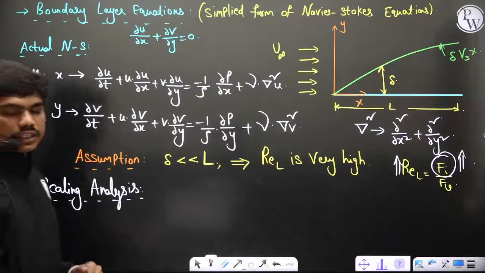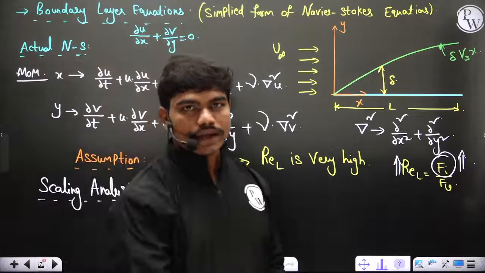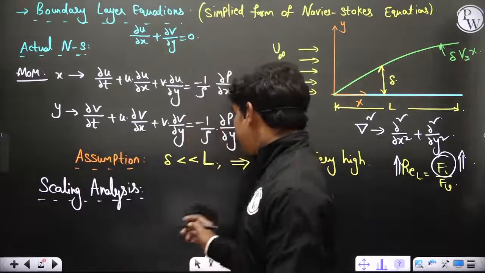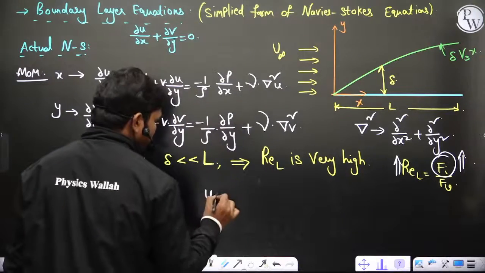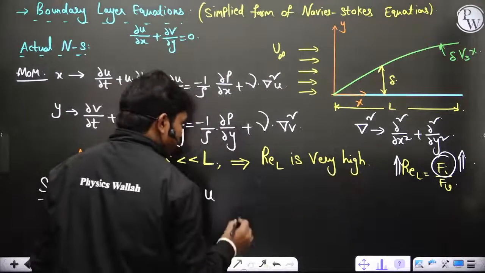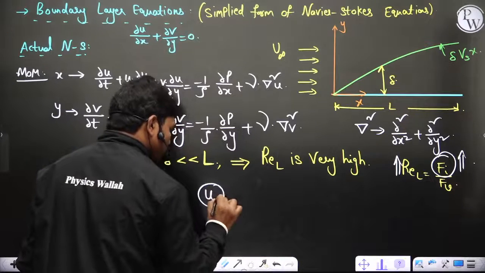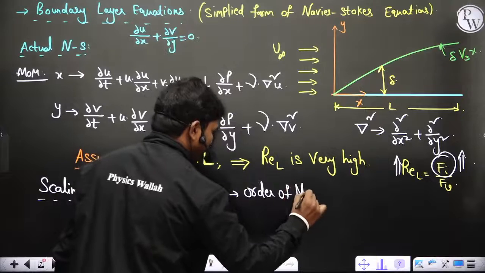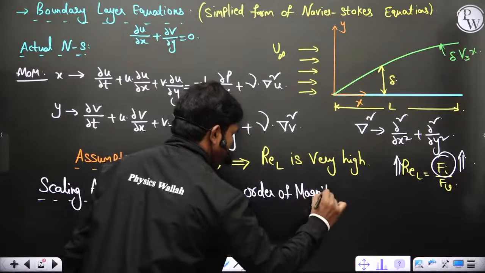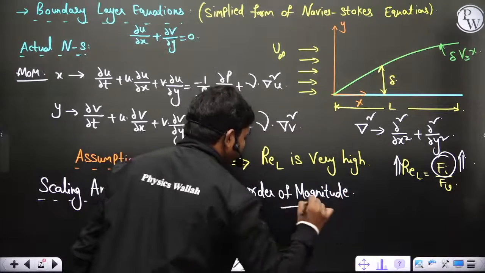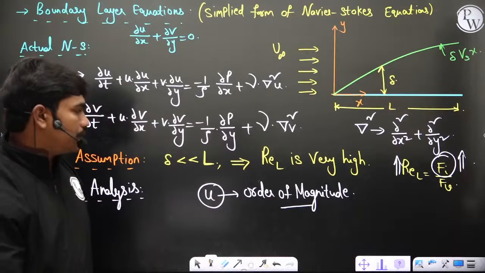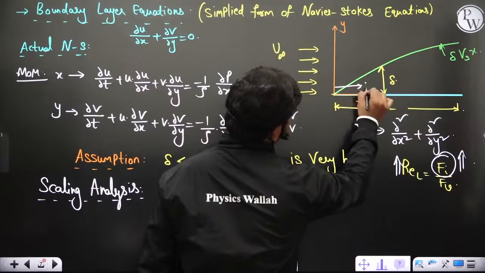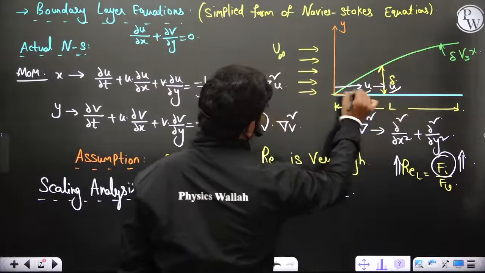Scaling analysis. So what is this scaling analysis? Okay. So scaling is basically that. Let us suppose I have a value u, for example. Then we can talk about the order of magnitude of this. Like, for example, I can say roughly that this u, whatever you have inside, will be comparable to this u0.